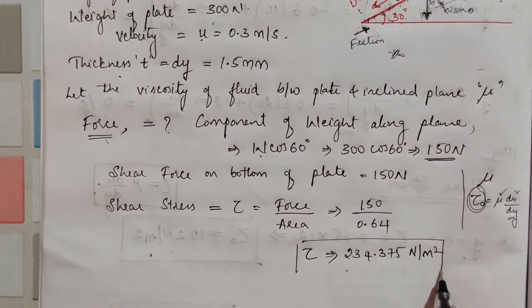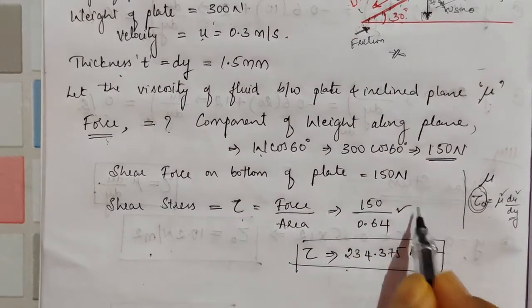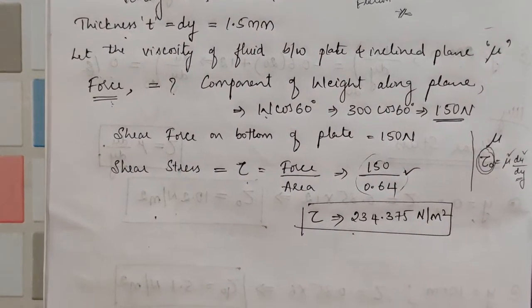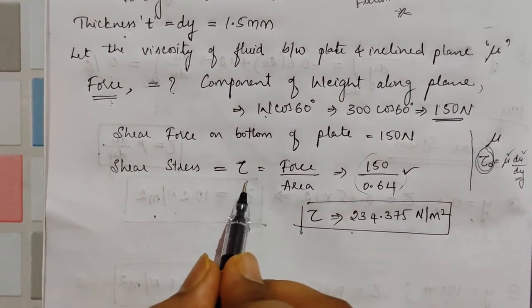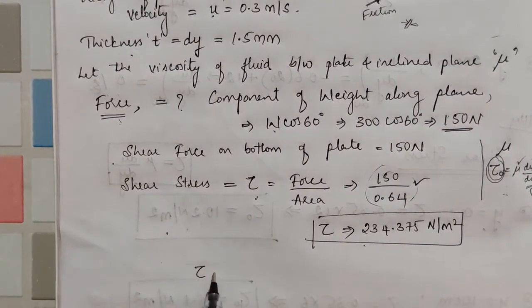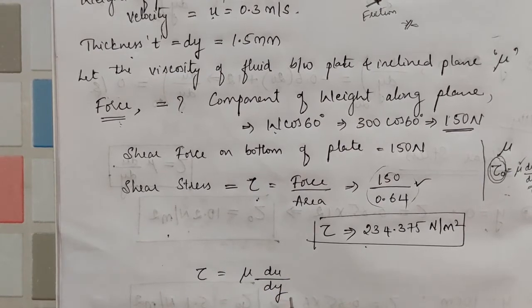Either you keep this, or whenever you need to substitute for tau you can directly substitute this 150 by 0.64. Okay, now I got the value of shear stress. Now what formula do I have? I have this formula. So I'll directly write that tau is equal to mu into du by dy.